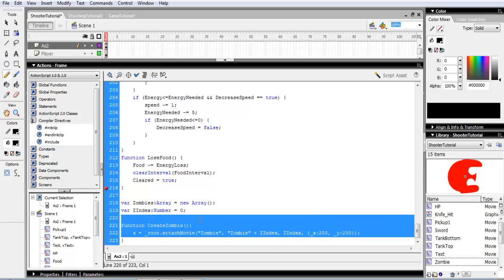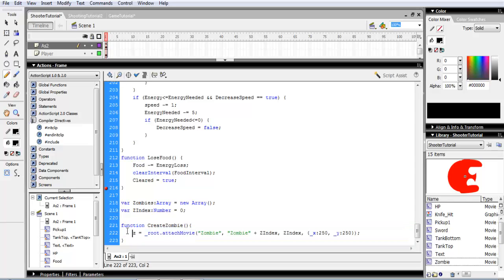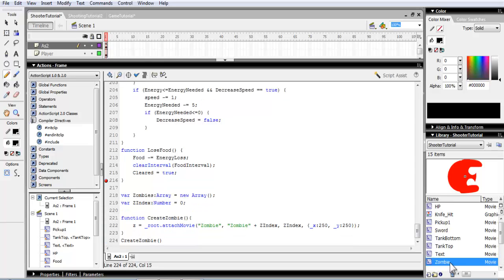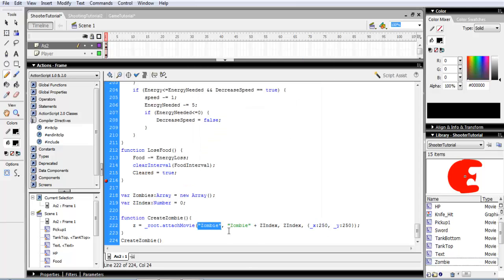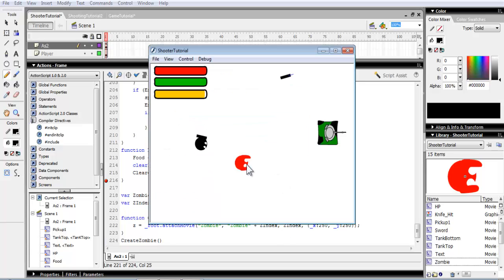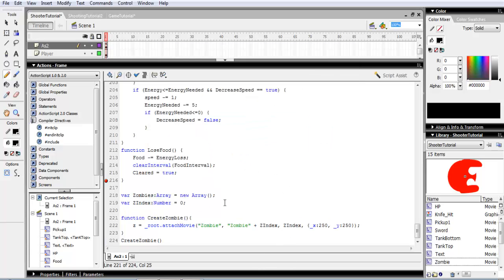I didn't want to take ages trying to write it and then solve it, so I just got one working. This attaches the zombie to the stage, because we've got the zombie movie clip, and in the zombie exported for ActionScript identifier is zombie, with the new name zombie plus index. So it attaches the zombie to the stage.